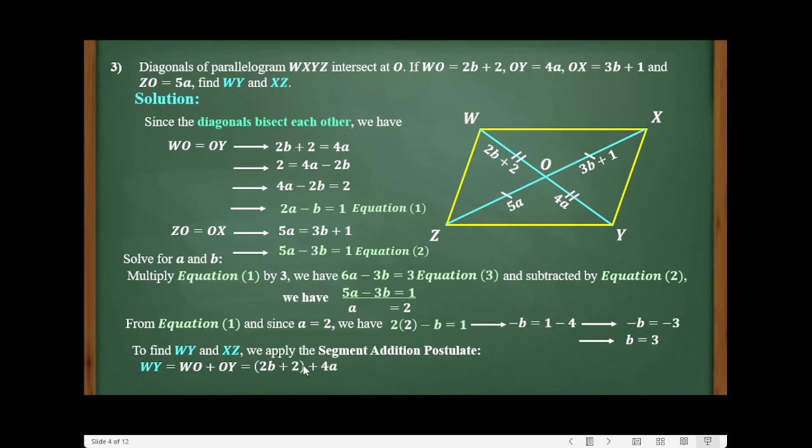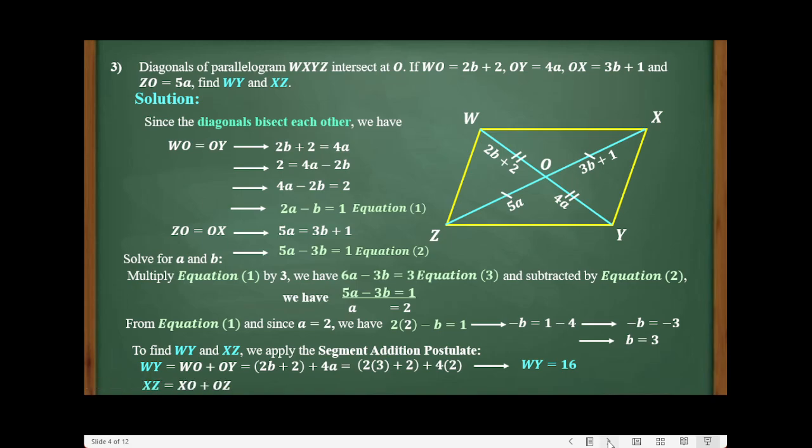This is for WO and this is for OY. And we substitute the values of A and B into this expression. So this is the resulting expression. We simplify this applying the PEMDAS rule, or the order of operations. So WY is equal to 16.